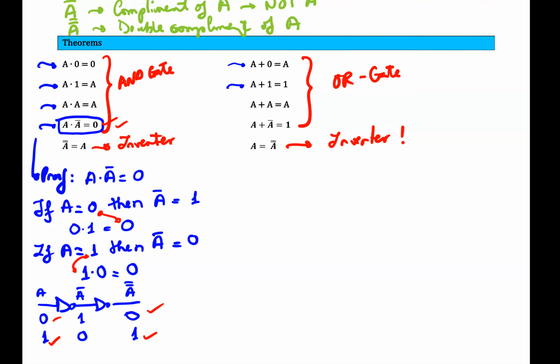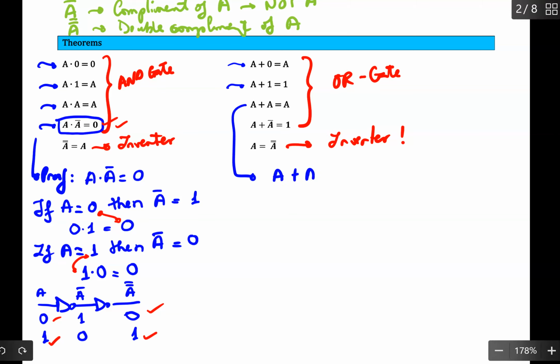Now what about A plus A? What do I have in this case? Alright, so I would say A or A is equal to A. So let's prove it down here. A or A equal to A. If you let A equal to 0, you have 0 plus 0 has to be equal to 0, and it's true for the OR gate.